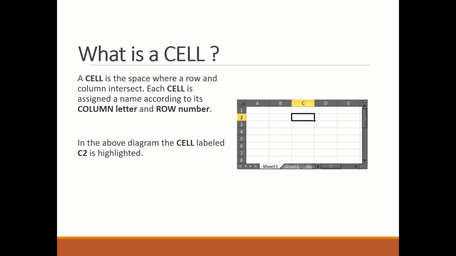And what is a cell? It is a combination of column and row. So here C2 has been highlighted, that is cell C2. Each and every cell has an address. Address means it will be referred to first with the column, then with the row number.